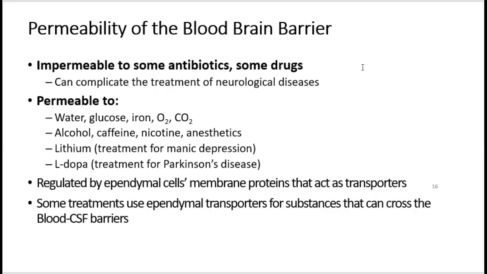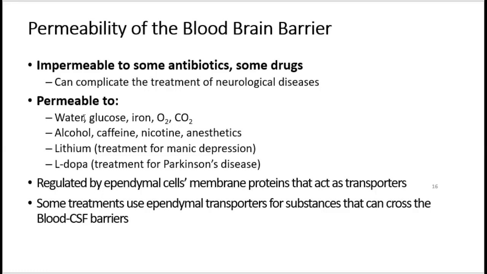And that's due partly, I know I said before that the tight junctions don't allow water to go through, but it's due partly because aquaporins are in place in the endothelial cells. It's also permeable to certain things that you're probably familiar with: alcohol, caffeine, nicotine, and anesthetics, because all of these do affect our brain function.